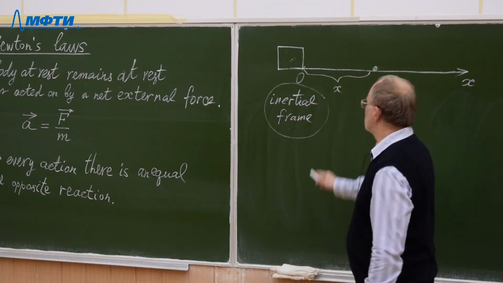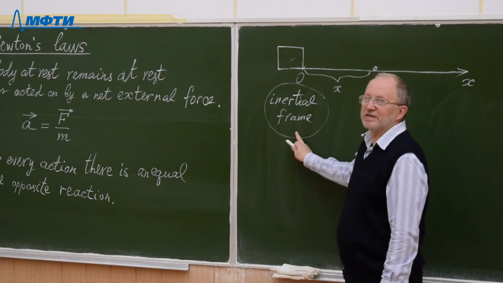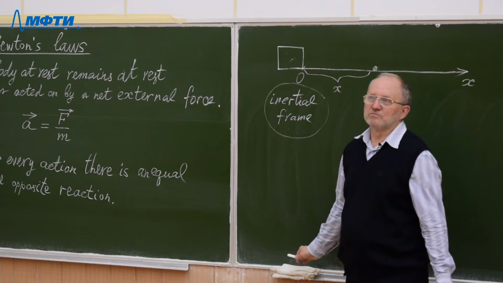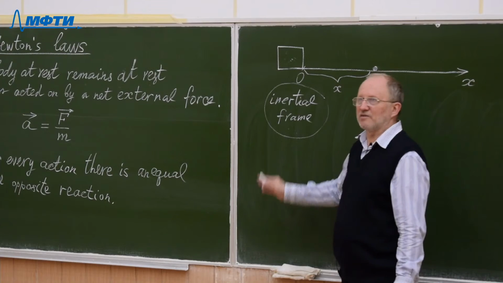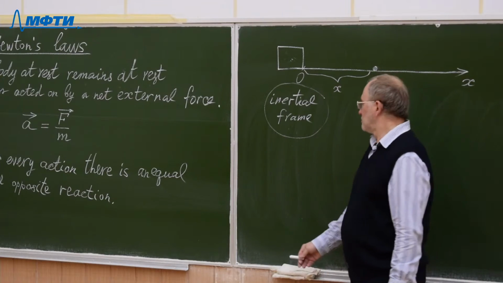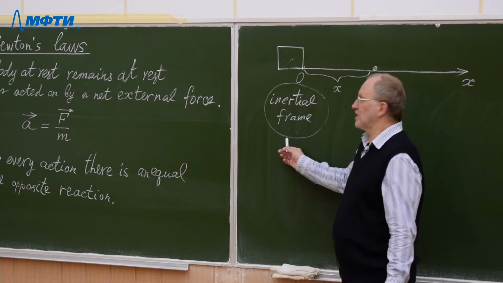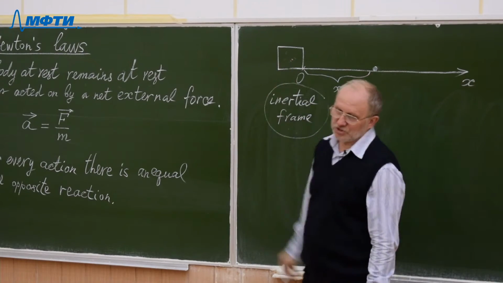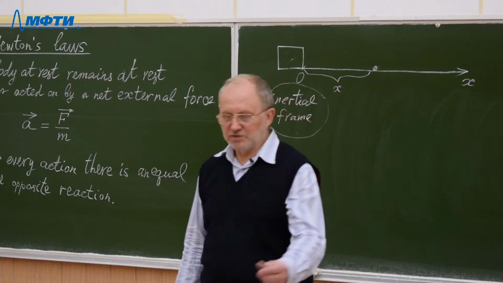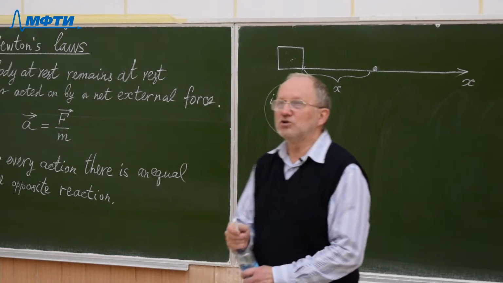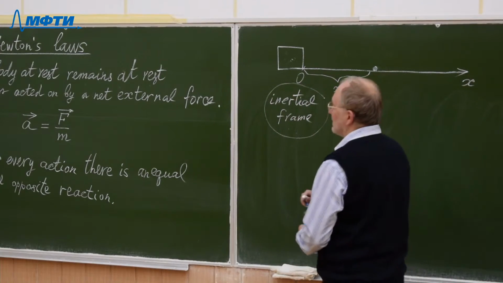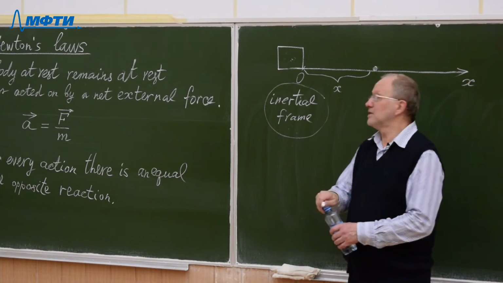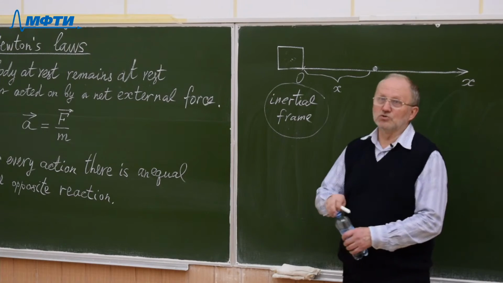If there is one inertial reference frame, then there are many other inertial reference frames having the same property: those frames which move at constant velocity with respect to the initial reference frame. So if there is one inertial reference frame, then any other reference frame moving at constant velocity will also be inertial.